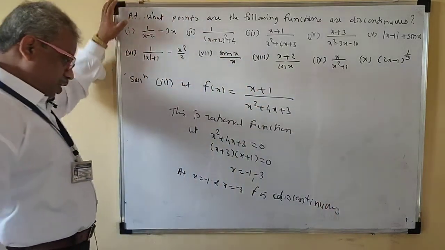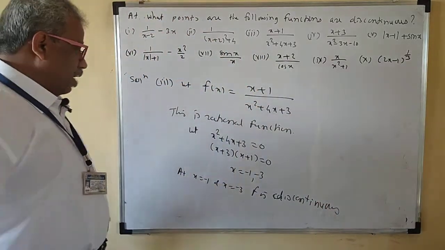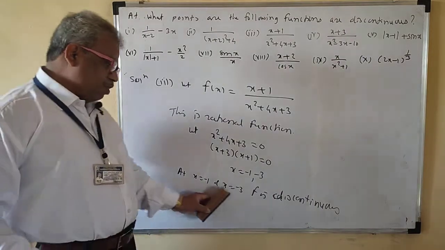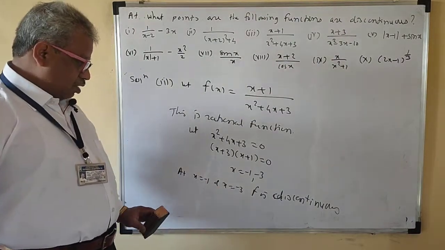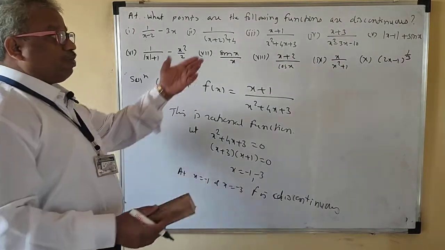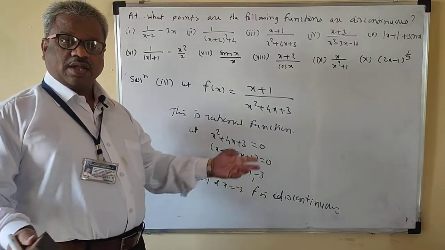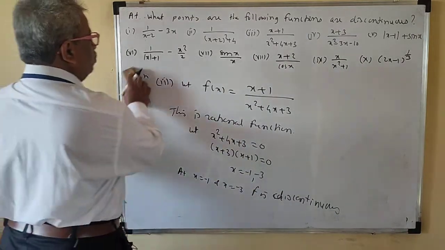So the points of discontinuity are minus 1 and minus 3. You have to find a point where the function is not continuous.